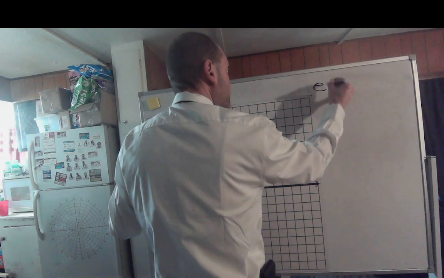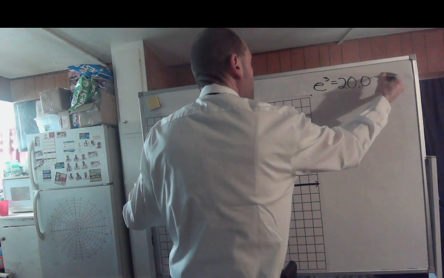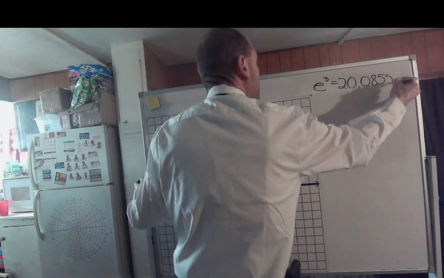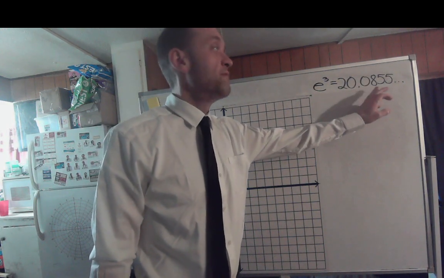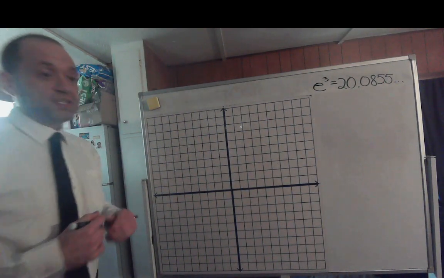So let's do some natural logs here. Let's say we have e to the third equals 20.0855... So this is base e.